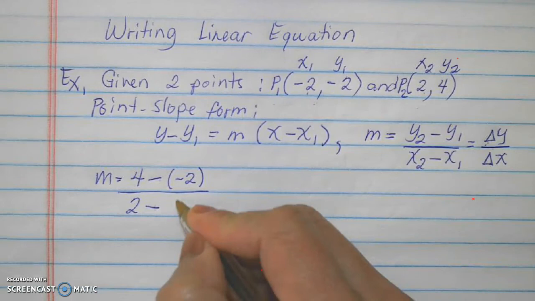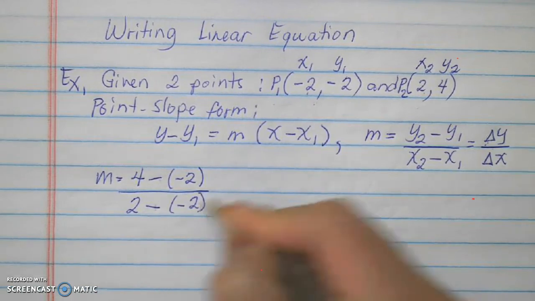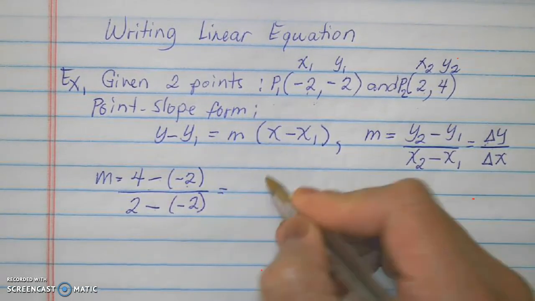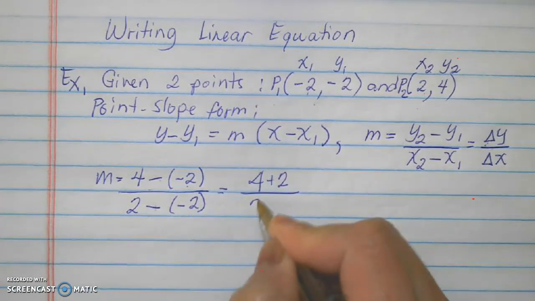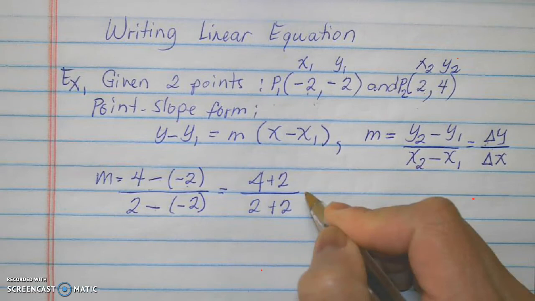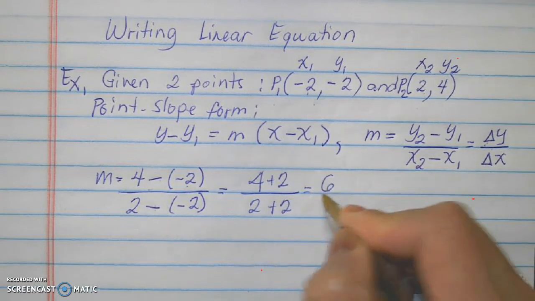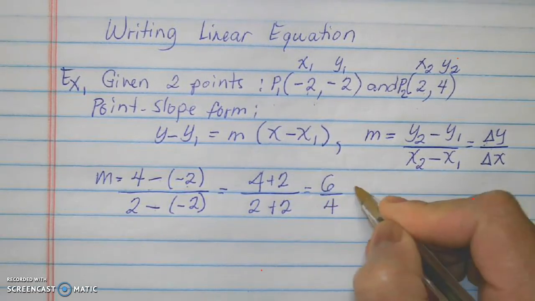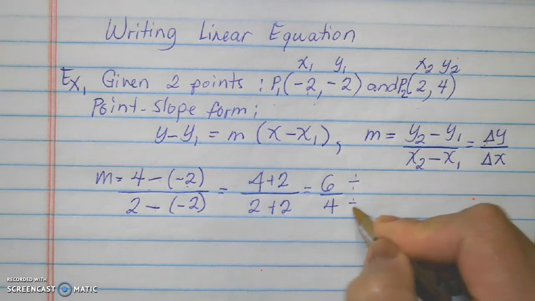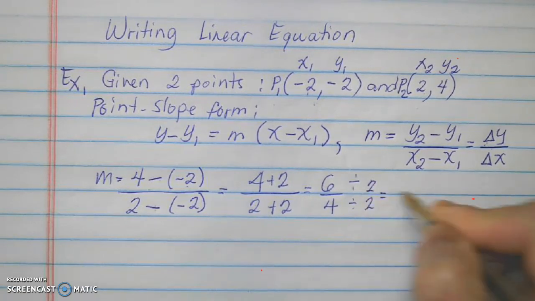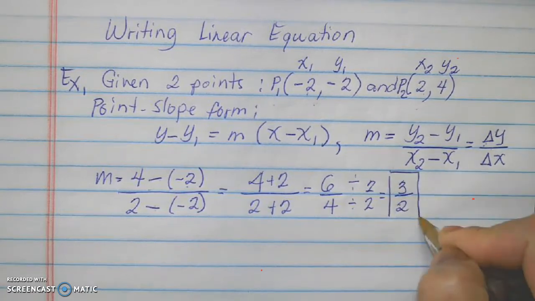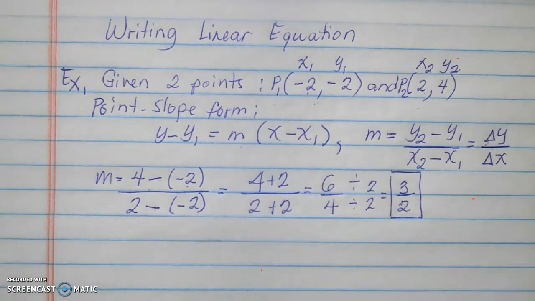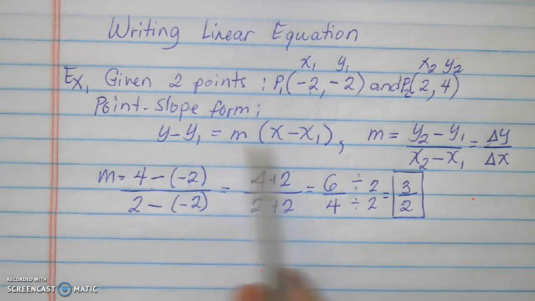So this becomes 4 plus 2 all over 2 plus 2, which is 6 out of 4. Reduce this by 2, you're going to have 3 out of 2. And this is your slope. That's your m.